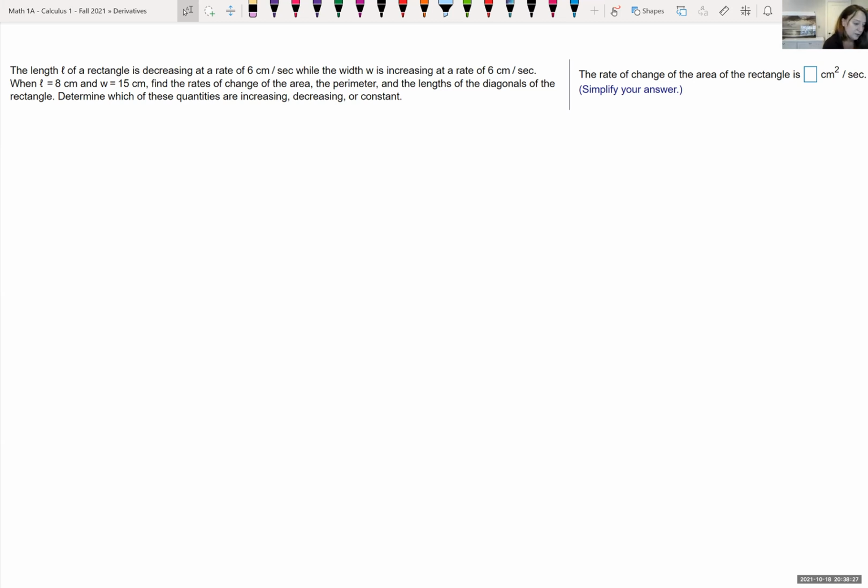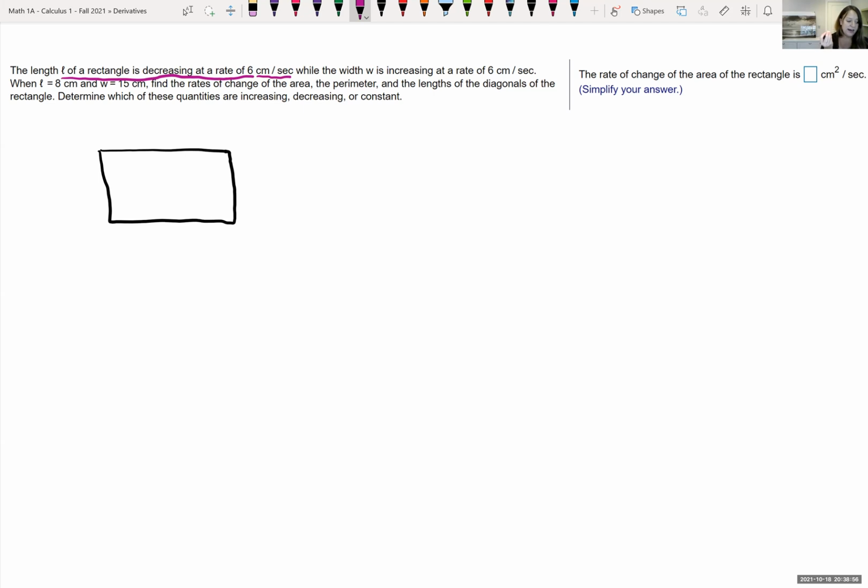Okay. So let's write this. We have some rectangle. And it tells us that the length of the rectangle is decreasing at 6 centimeters per second.